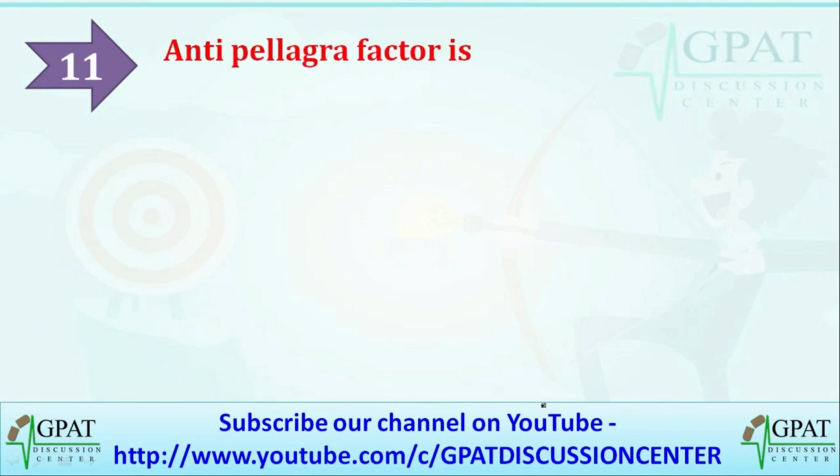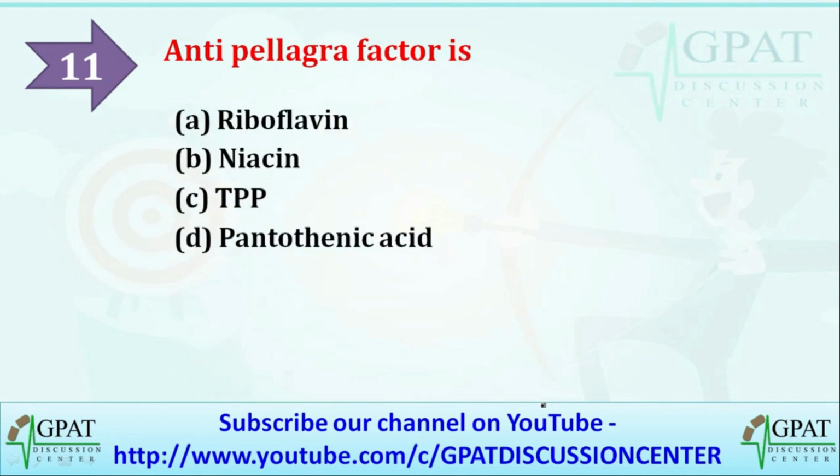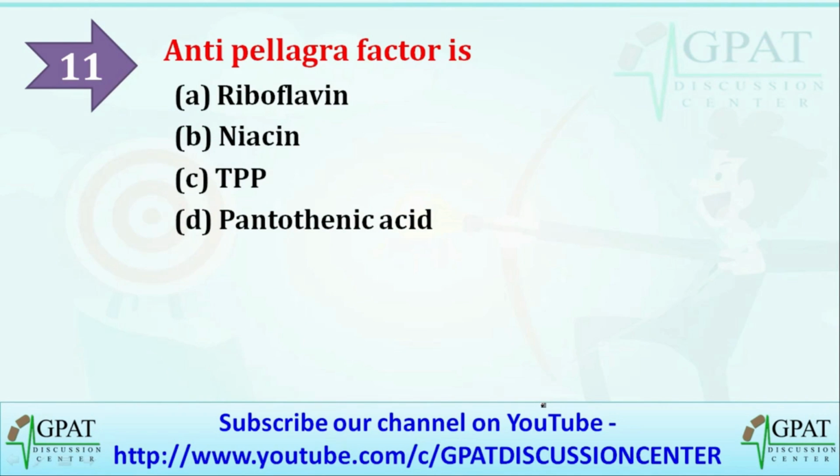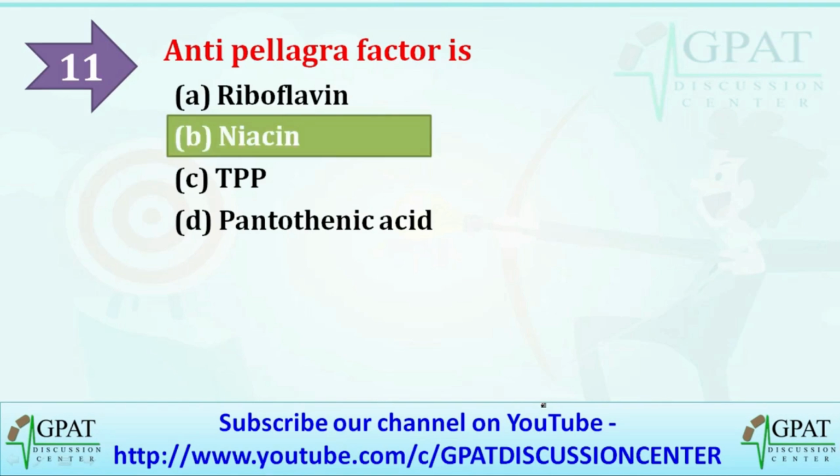So let's discuss the next question: the anti-pellagra factor is, option A is riboflavin, option B is niacin, option C is TPP, option D is pantothenic acid, and the correct answer is niacin. Niacin is the anti-pellagra factor.